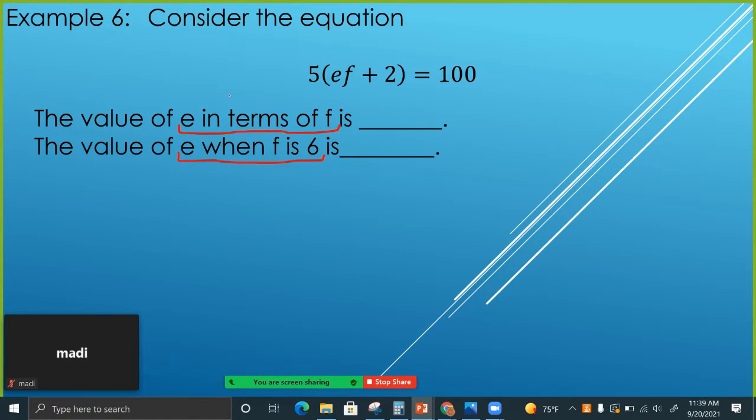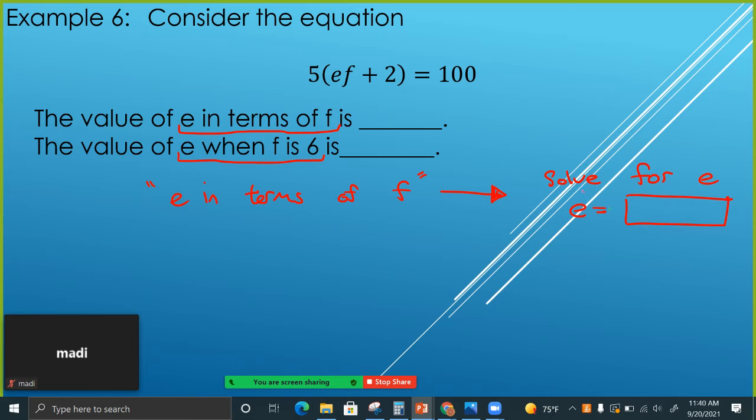So I wanted to talk about this writing in terms of when you see this in this mastery test or any math work ever, E in terms of F, what they mean is solve for E. That's what that is code for. The value of E in terms of the other variable, it just means solve it so it says E equals stuff.